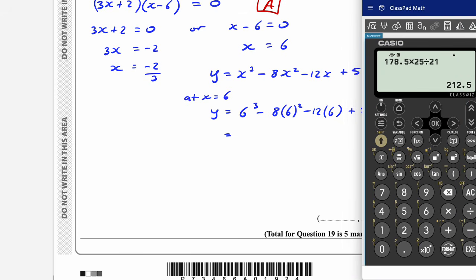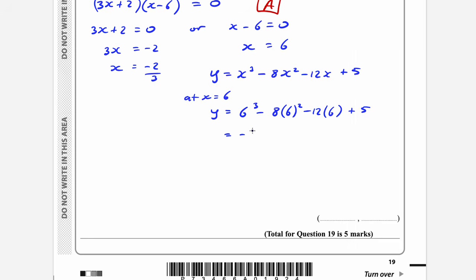Okay, so it's 6 cubed minus 8 times 6 squared minus 12 times 6 plus 5, which is equal to minus 139. X is 6, y is negative 139.